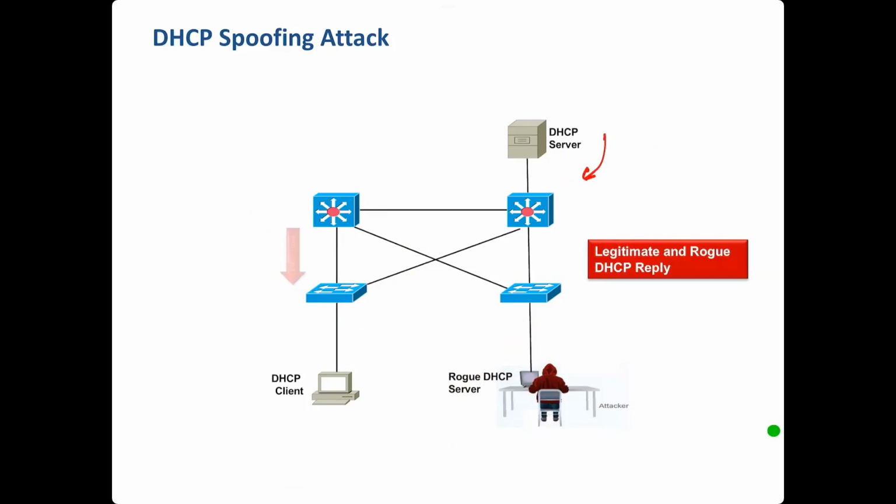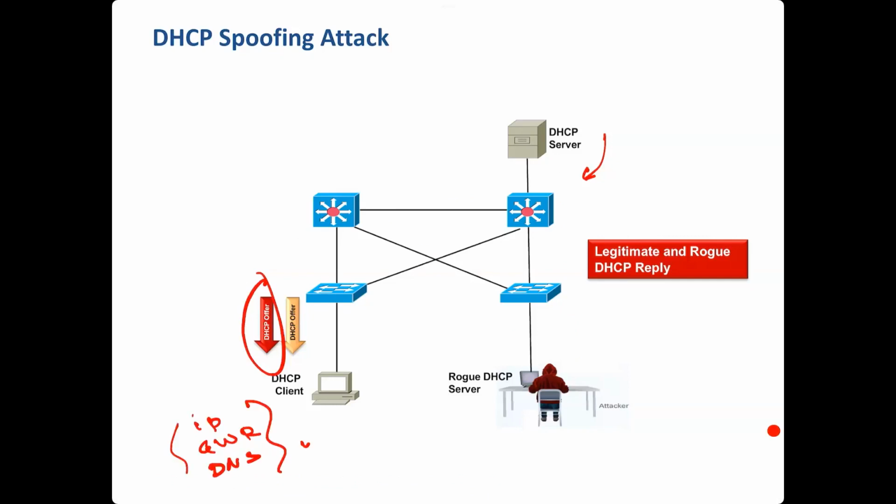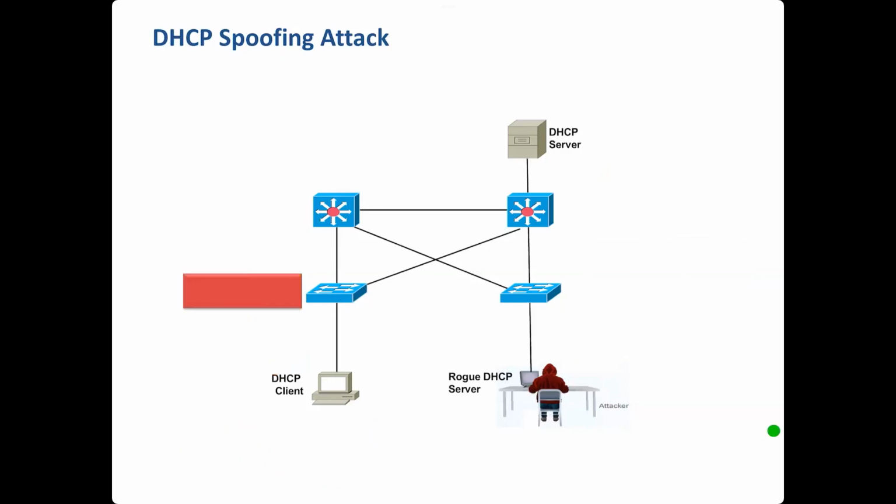If the wrong response is accepted by the DHCP client, it will have a wrong IP address, gateway router IP address, and domain name server. All these parameters can be manipulated. Okay, that's the message, right? All right. So this is how it is.